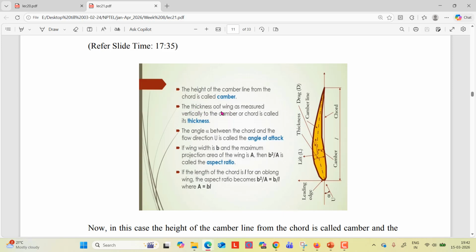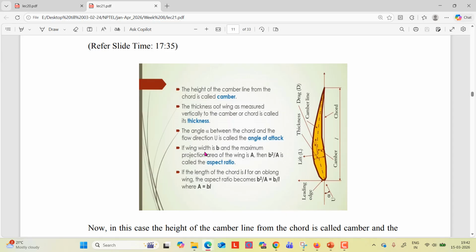The thickness of the wing is measured vertically. This is the vertical thickness to the camber or chord, called the thickness. The angle alpha between the chord and the flow direction u is called the angle of attack. You can see here the angle of attack.